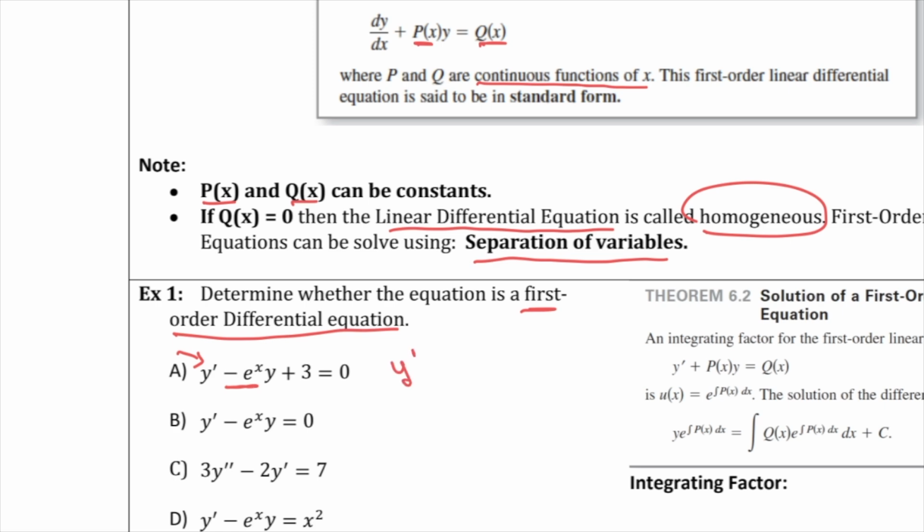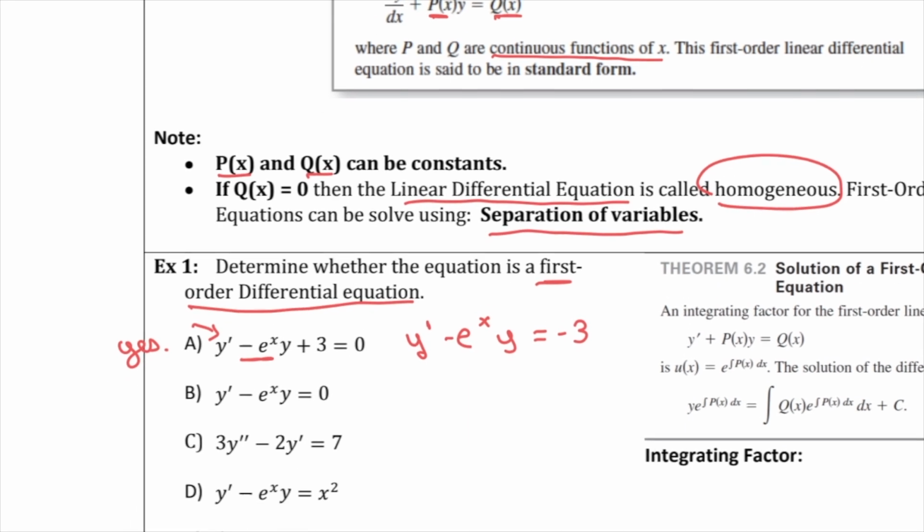So if we were to rewrite this in standard form, y prime minus e to the x y is going to be equal to -3. So that problem is definitely a first-order linear differential equation. It is not homogeneous, so I'm actually not able to use separation of variables to solve it, but it is in standard form now.